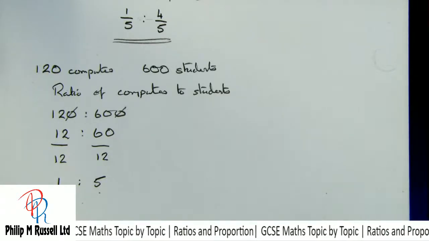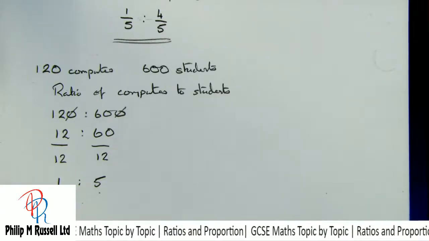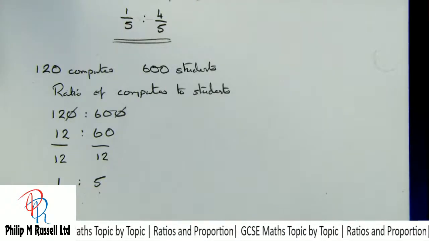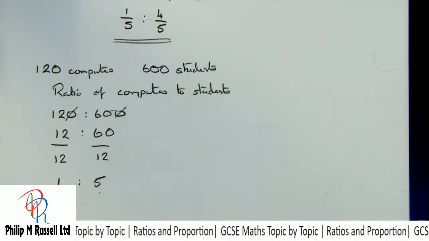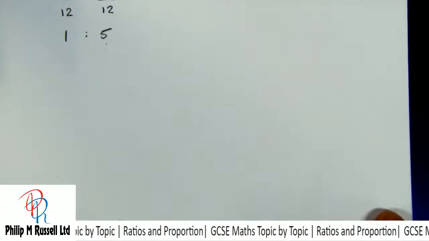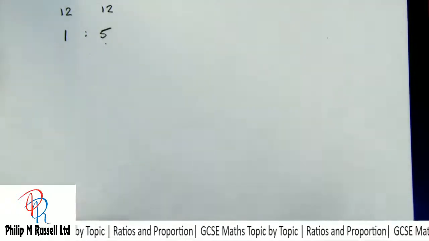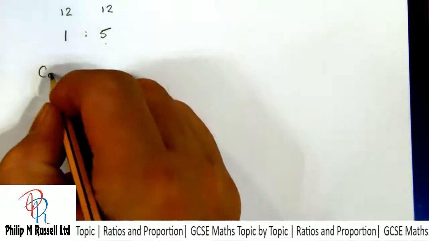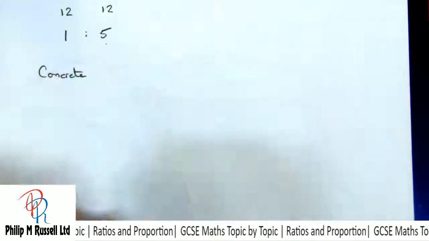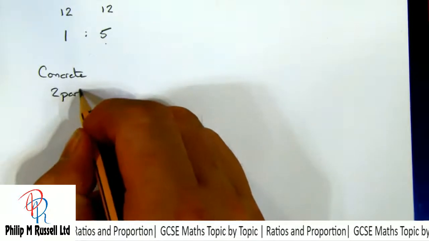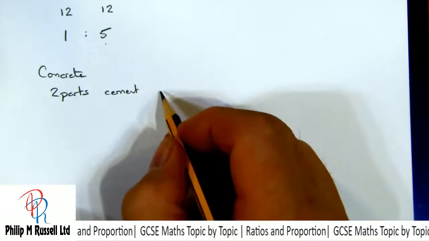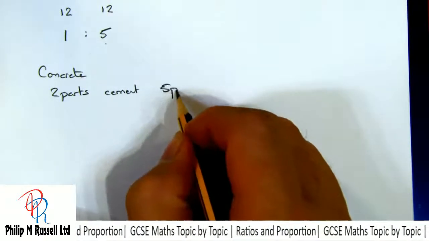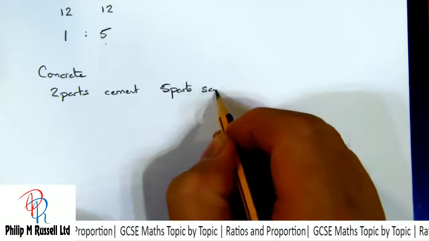Now, sometimes when we're trying to do these things, we're working out equivalent ratios. One of the common problems is I'm going to make some concrete. We'll do a very simple example here, and I want 2 parts cement to 5 parts sand.